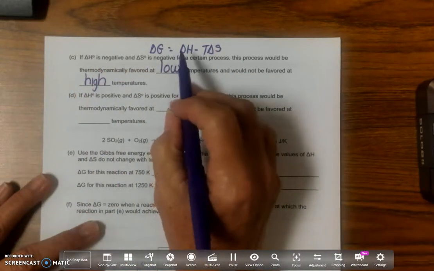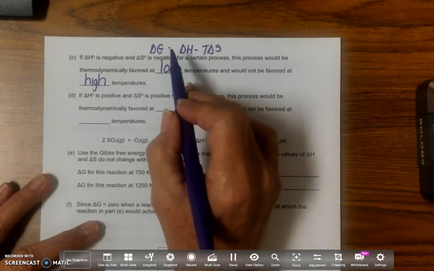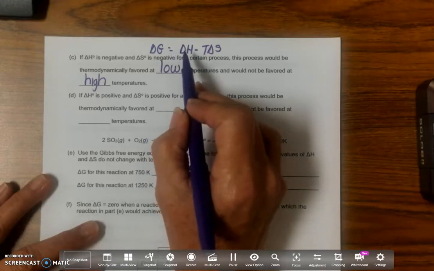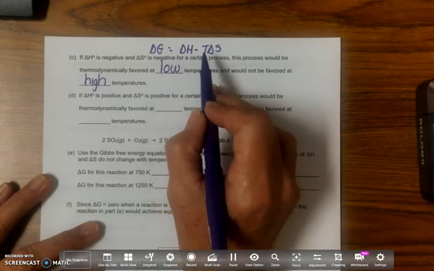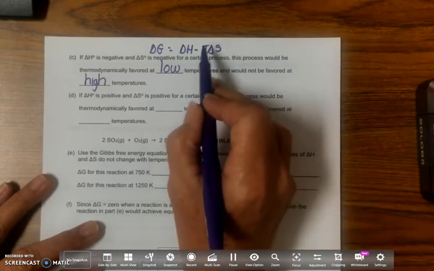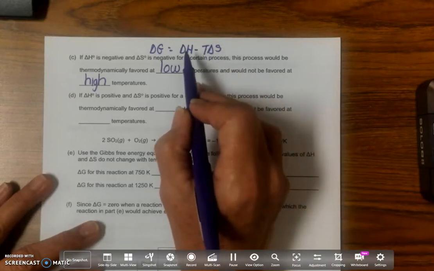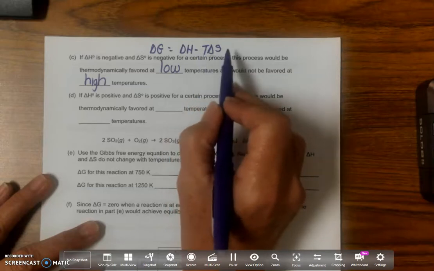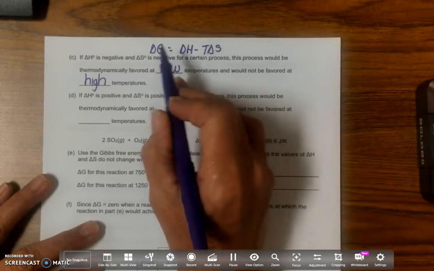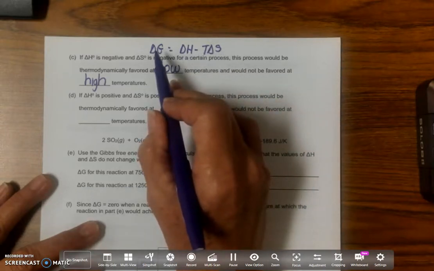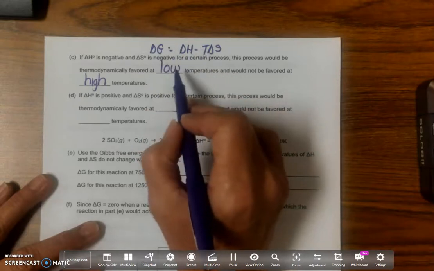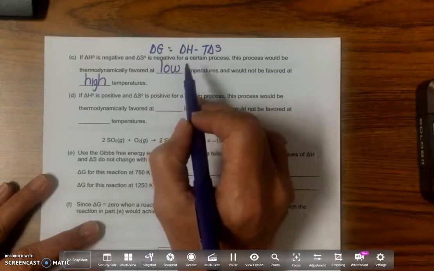Well, if this is negative, then I don't want T to be too high, because then, although this is favored, this term will overpower this one and make delta G positive. So this is only favored when T is low.